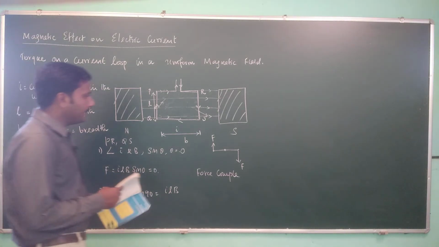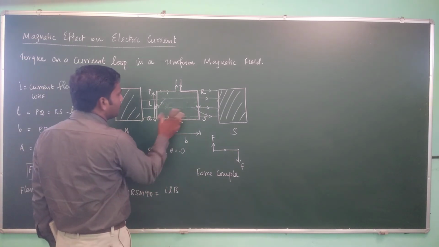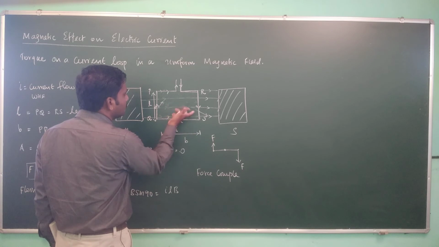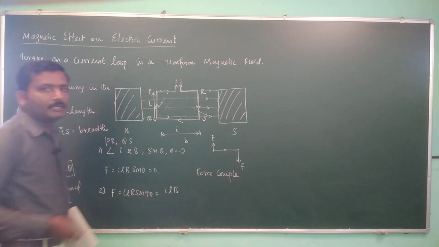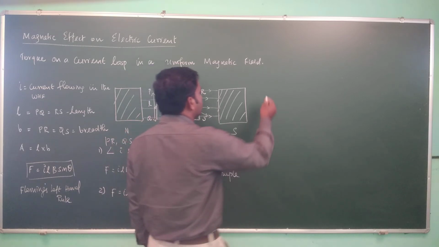Fine. Now we can write the resultant torque, which means this rectangular coil will start to rotate, and for this rotation you can write the torque. What is the torque?